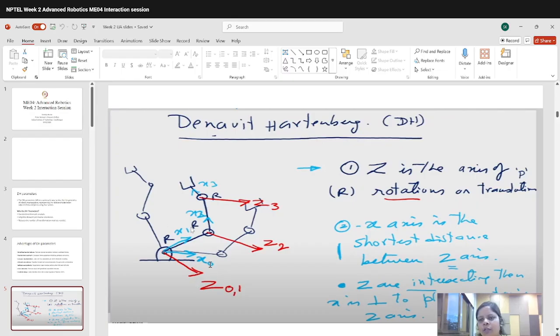Now for the second joint, we take z2 again to be the axis of the revolute joint, which is pointing out of the plane, and x2 along the direction which joins both the revolute joints. Z3 is the same thing. This is the basic convention that we follow. So z is the axis of rotation or translation, and the x-axis is the shortest distance between the two z axes. We'll see that in more detail.